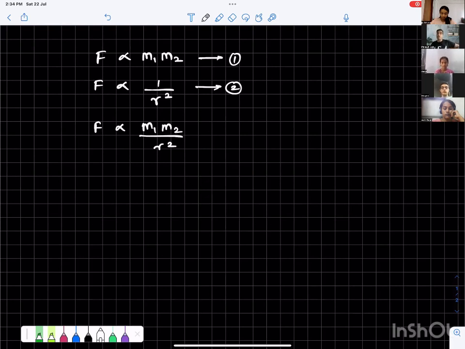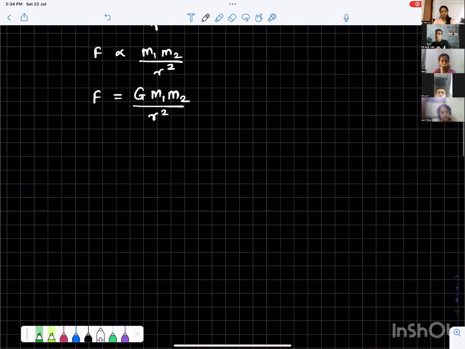F is proportional to M1, M2 upon R squared. Sorry, this is raised to 2; I wrote it very close. So it is R raised to 2. Now, if you want to remove this proportional sign, do you remember what you have to put? You have to insert a constant. That constant here, guys, is capital G. So F is equal to G, M1, M2 upon R squared.